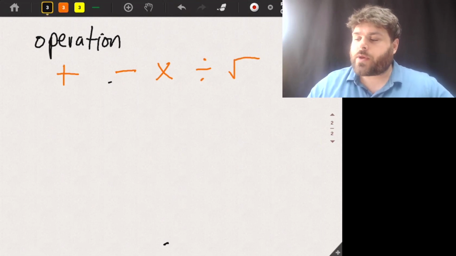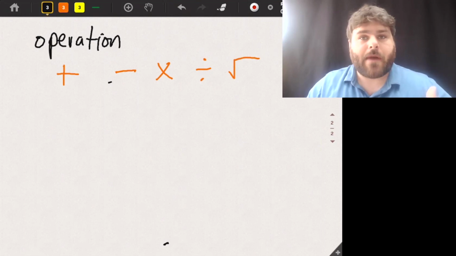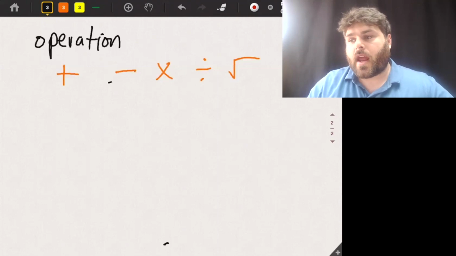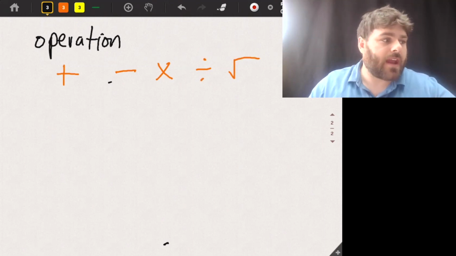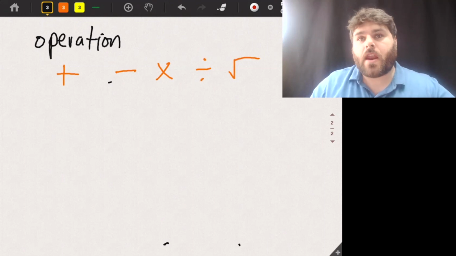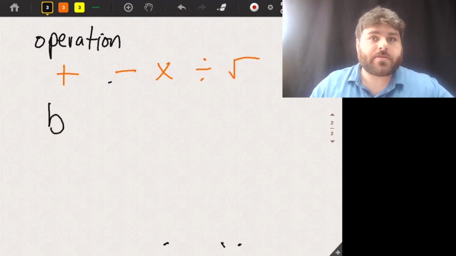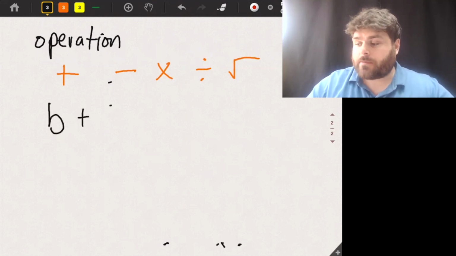So what we can do is take a variable like B, the number of basketball players in the United States, and talk about what happens if 5 new basketball players arrive on the scene. So there are 5 more basketball players. Well, we want to represent that number of basketball players now that we've added 5 people. So we would take B, our variable that represents the number of basketball players, and add 5 to it.